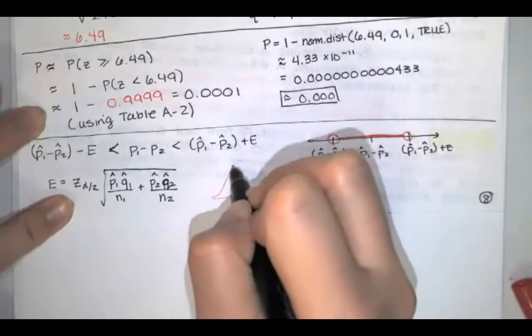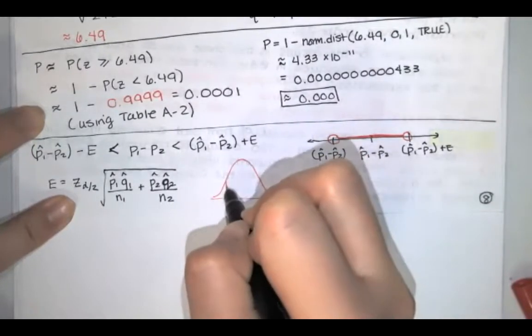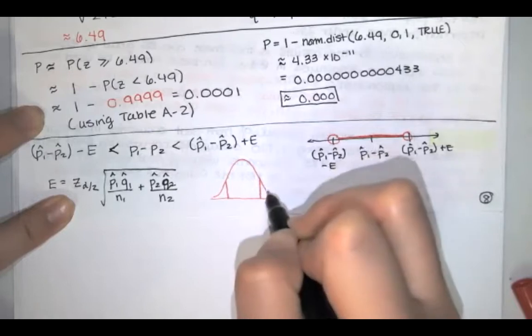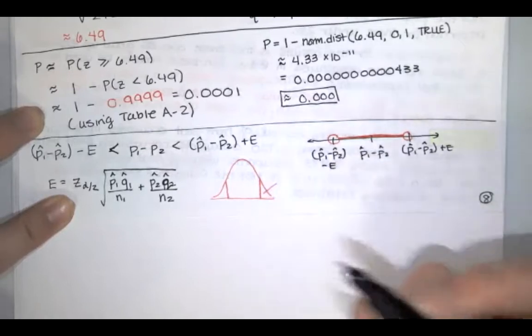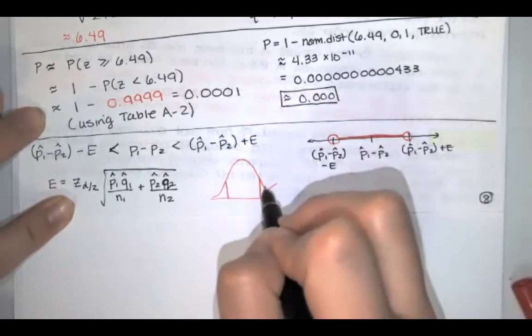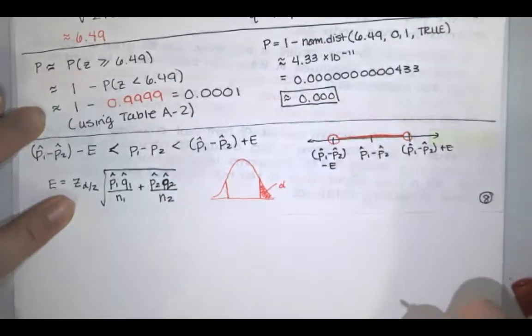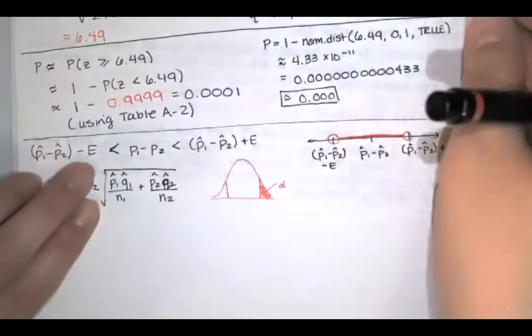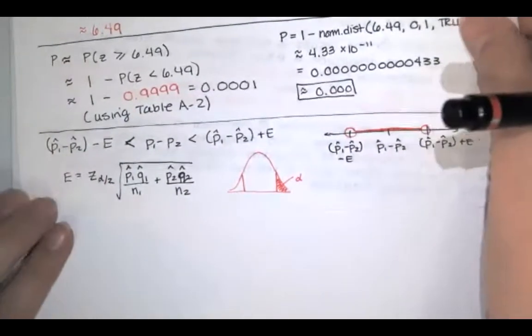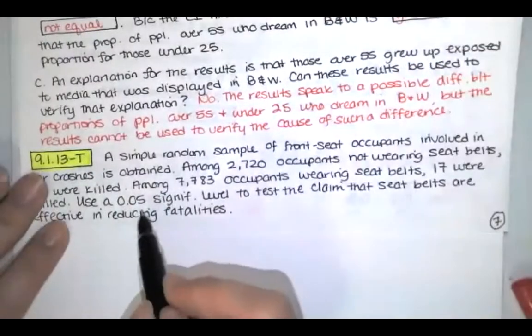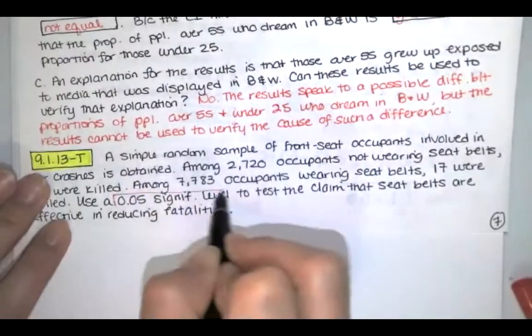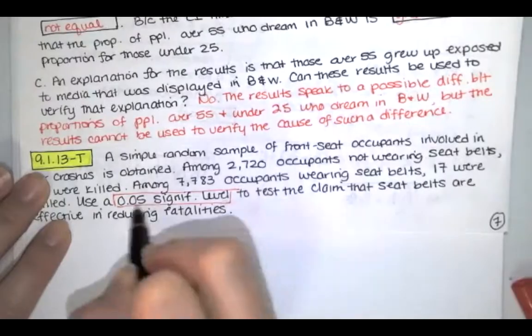Since it's a right-tailed test associated with a certain significance level, the area in that top right tail is going to be the alpha that was given in our problem statement. Now, the alpha given in our problem statement was over here. Let's see. It says use a 0.05 significance level. So alpha is 0.05.